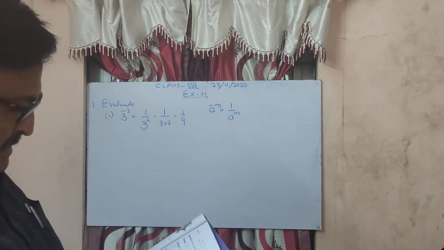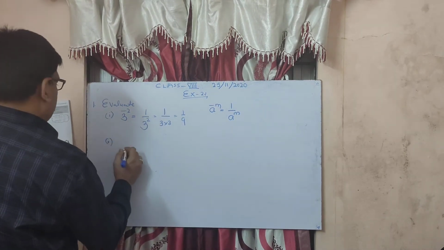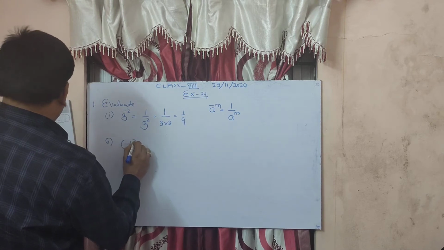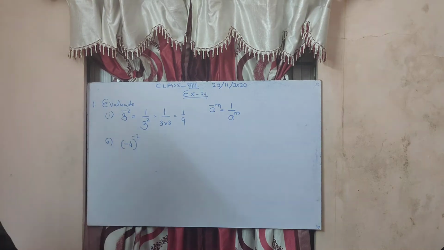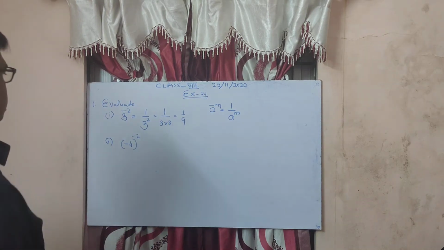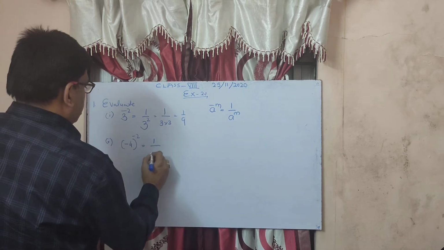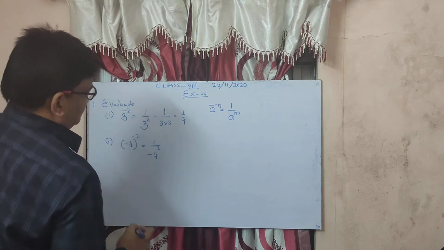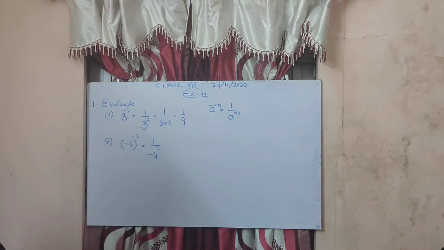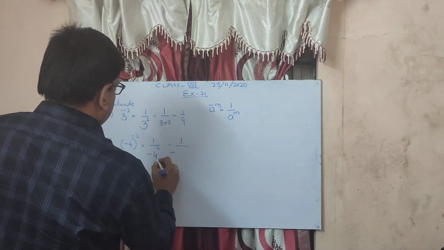Okay. Now, the second question. Minus 4 to the power minus 2. Same thing it is. 1 upon minus 4 as it is. Now the negative sign becomes positive. Okay? Now 1 upon minus 4 square.